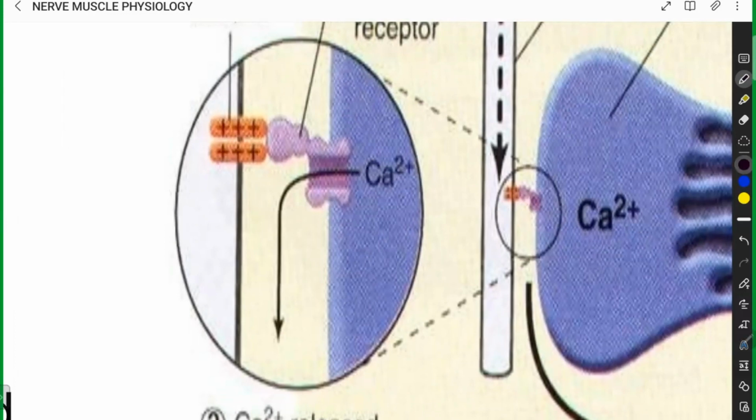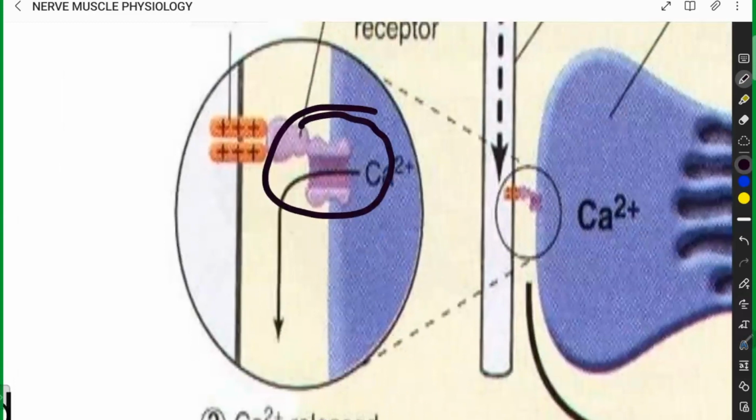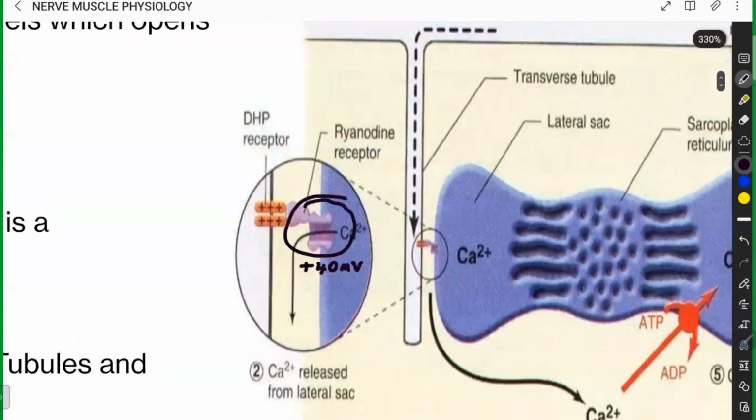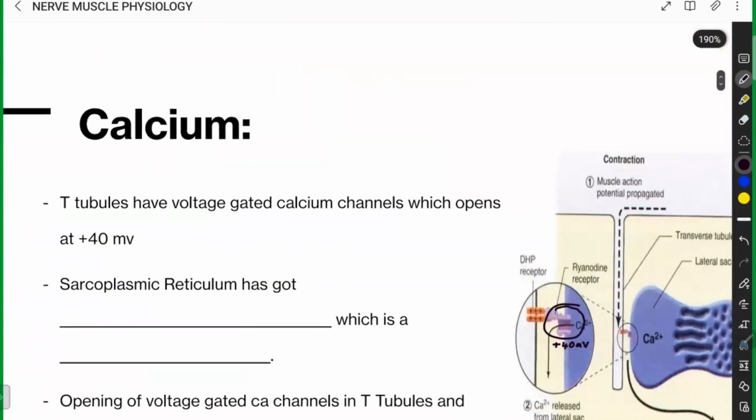The T tubules have a voltage gated calcium channel, which opens at plus 40 millivolts, during the peak of depolarization. This receptor is called the dihydropyridine receptor. These are the receptors which are going to open.